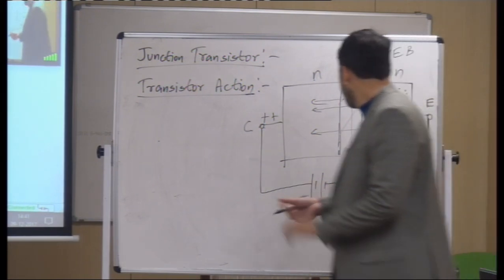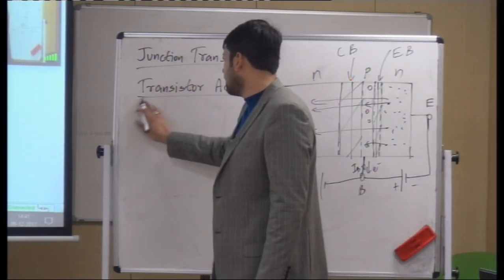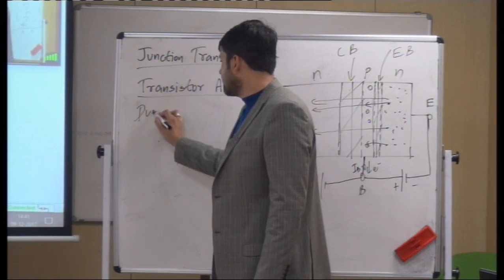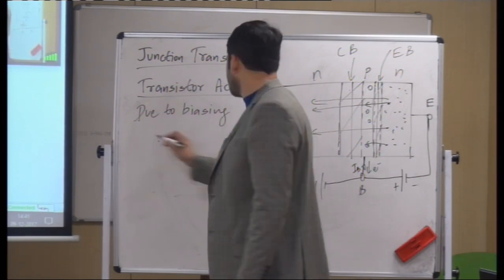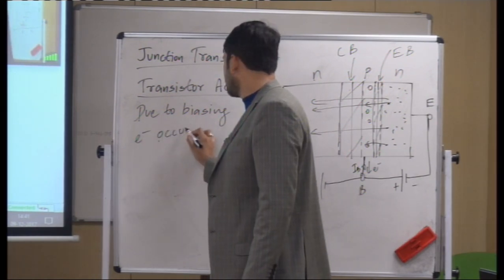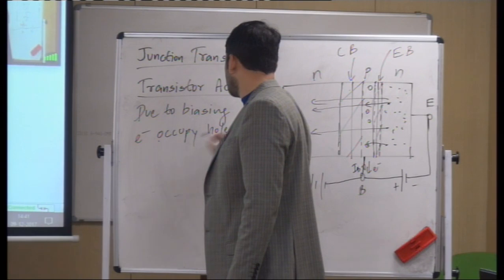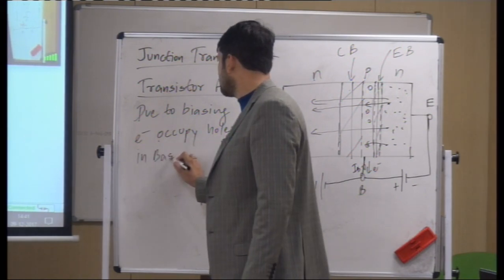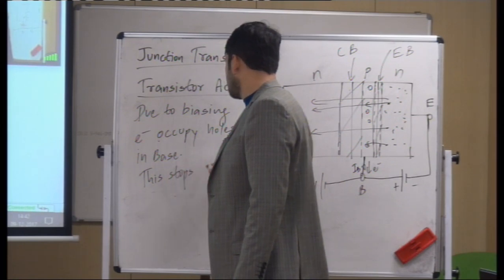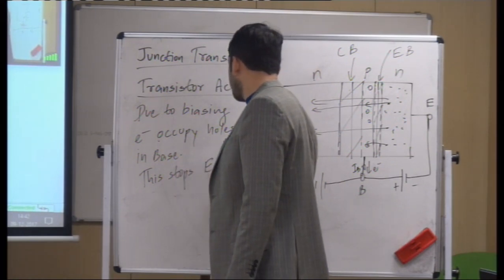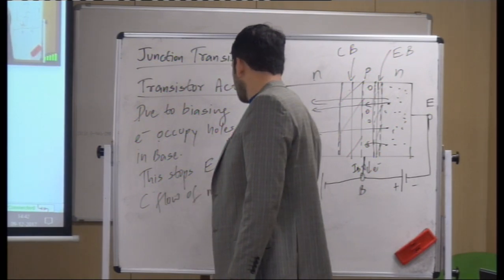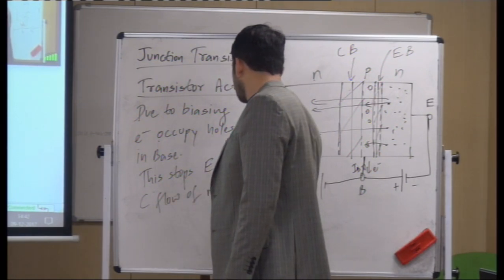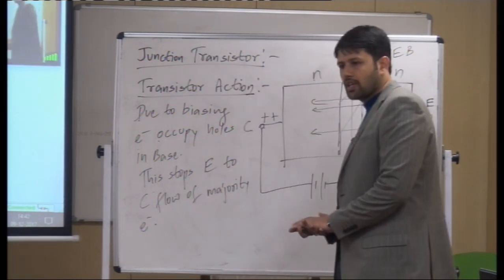Okay, so what happens? I'll write here: due to biasing, electrons occupy holes in base. This stops E to C flow of majority electrons.